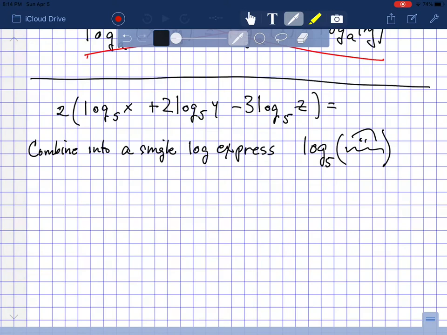All right, so I'm looking at this top expression, and this is equal to 2 times the log base 5 of x plus 4 times the log base 5 of y minus 6 times the log base 5 of z.